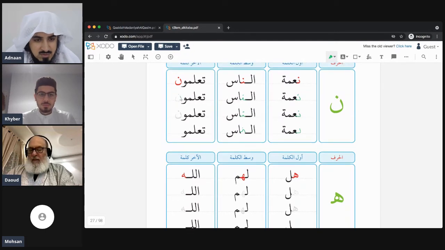Ta, ain, lam, meme, waw, noon. I told you, when you see the one with the head and it has no dots, it is like how your mouth is when you say waw.